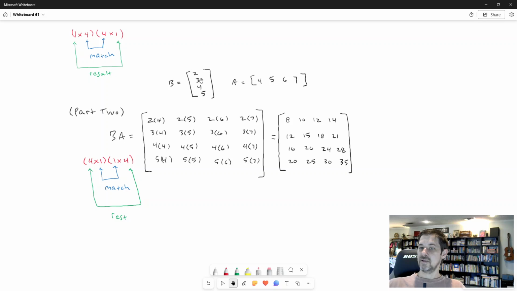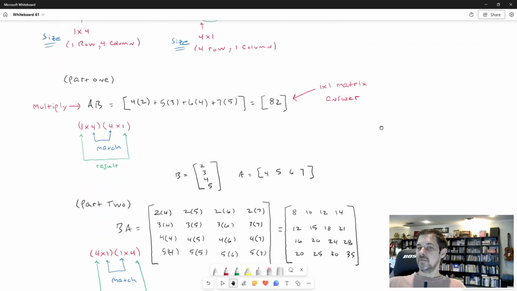This column times this row, 3 times 5. This column times this row, 3 times 6. This column times this row, 3 times 7. And I continued until I multiplied each column of this times each row of that. And that's the arrangement being 4 by 4. I'm going to get a 4 by 4 matrix as a result. 4 rows, 4 columns. Okay.